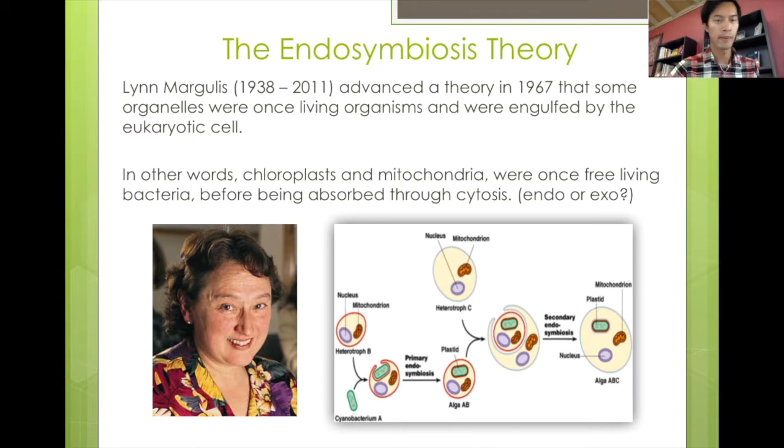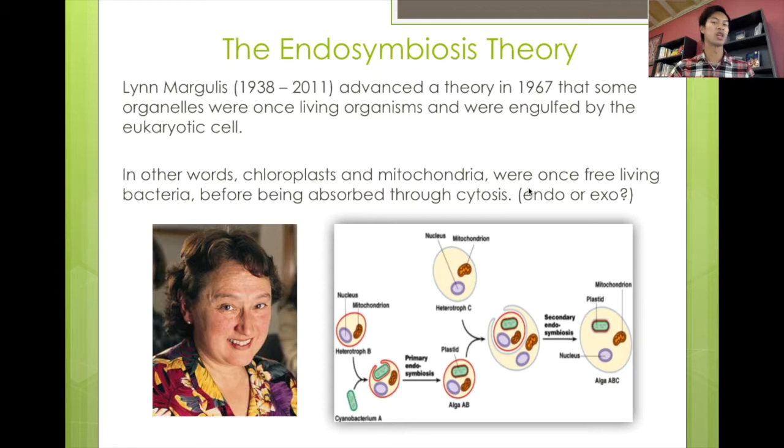And so Lynn proposed this idea of the endosymbiosis theory, which means that they were once free living bacteria and lived independently, but then they were absorbed through endocytosis into a eukaryotic cell.